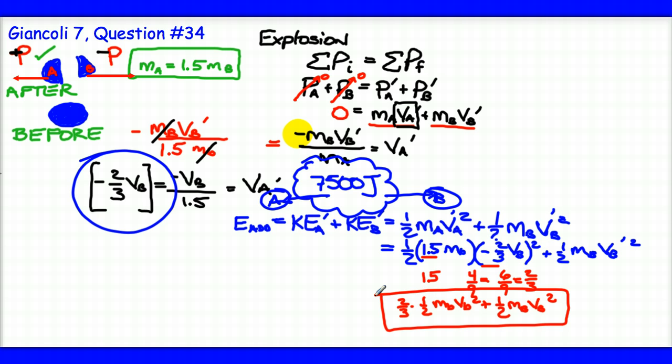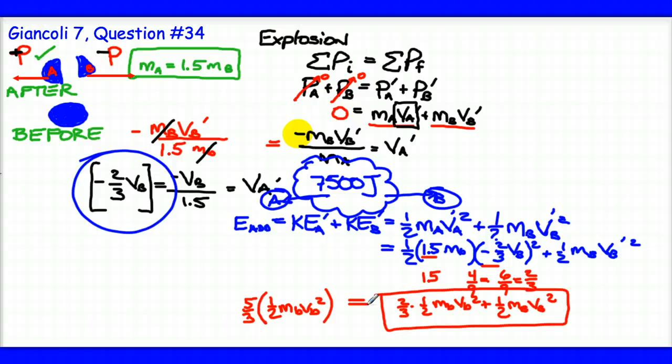So this is going to become 4/6 m_B v_B squared plus 1/2 m_B v_B squared, which gives me 5/3. So I basically get 5/3 times this value, 1/2 m_B v_B squared. So this is the part here that I think in red is what really makes this problem a very difficult one to solve and work with.